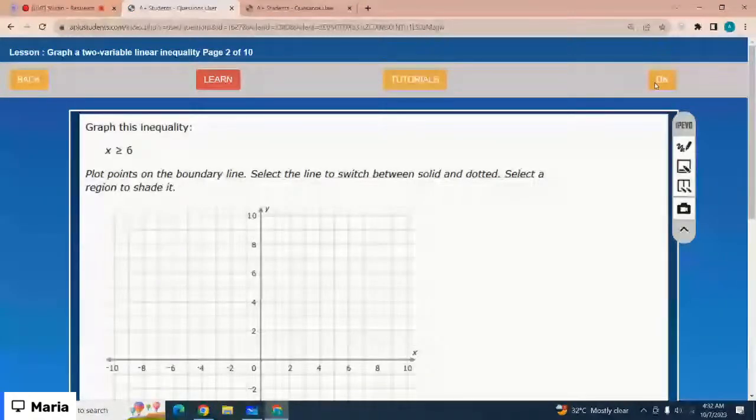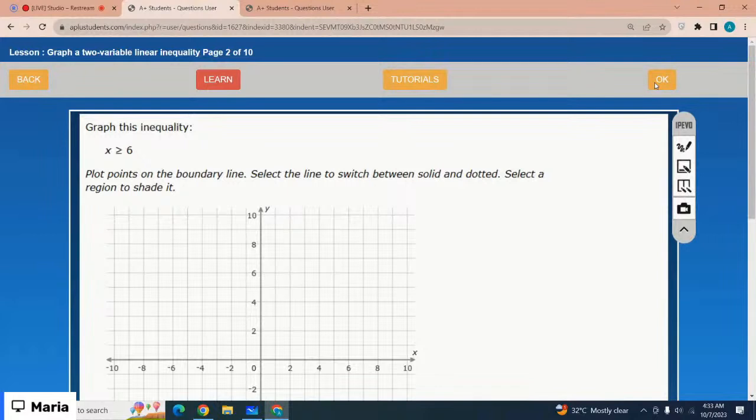Okay, graph the inequality x is greater than or equal to 6. So which is the correct option? Which values are included?